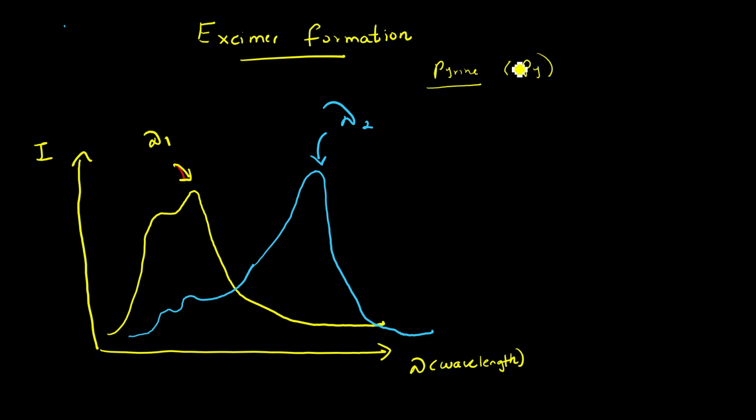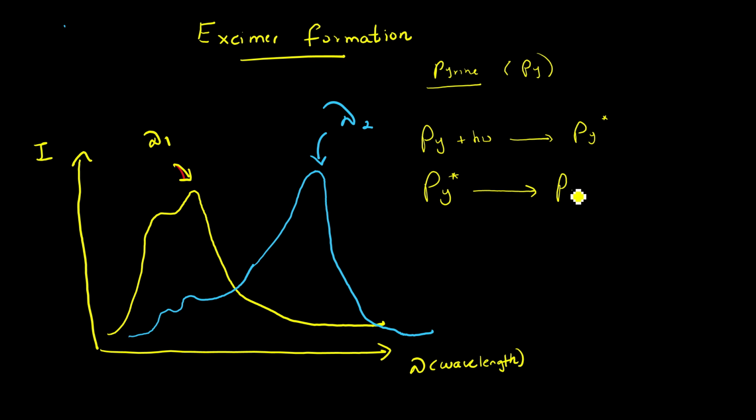Now, when we consider this pyrene, here we have the pyrene molecule. We can give photons to it and excite it. Now this pyrene molecule is excited, right? Then this excited pyrene molecule will emit energy to get back into the ground state.